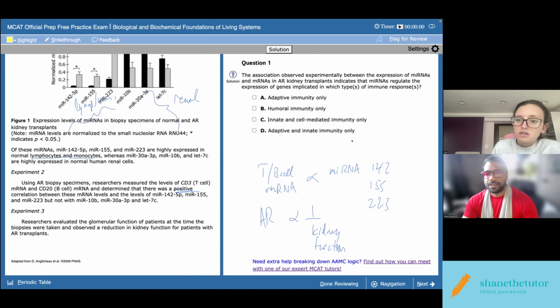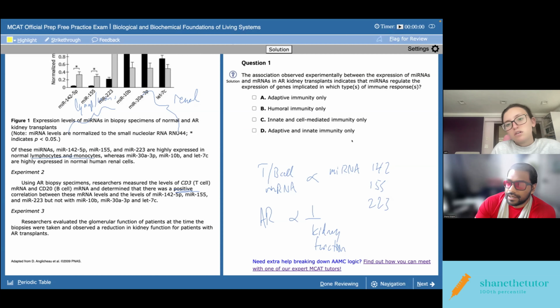Mhm. Yeah. So okay, cell mediated is going to be involved with T cells, all the different types of T cells: helper T cells, cytotoxic T cells, memory T cells. What they do is kill bacteria or a pathogen that's already invaded a host cell.